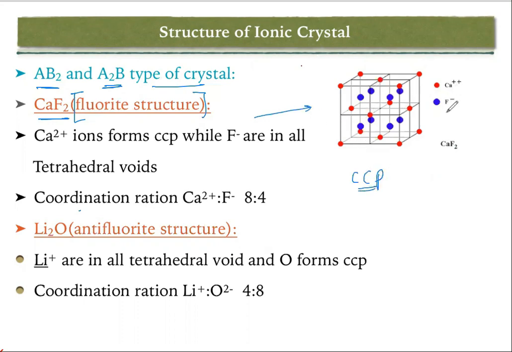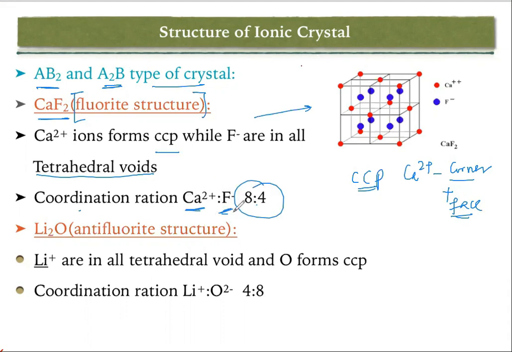Calcium atoms follow CCP, that means calcium occupies all the corners plus faces. Now F minus occupies all the tetrahedral voids, and the coordination ratio of Ca2+ to F minus is 8:4, because per calcium there are 2 fluorine atoms. So just remember 8:4 is the ratio of calcium and fluorine.